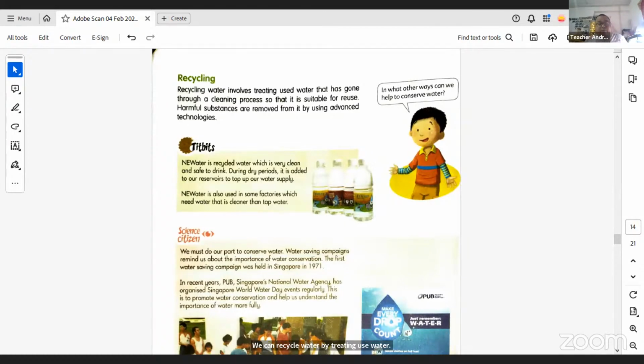In Singapore, we have this process called NEWater, whereby we recycle and clean water from dirty sources like industrial output or toilet water. We remove and clean it through different technology and recycle the water. That's how we recycle water.